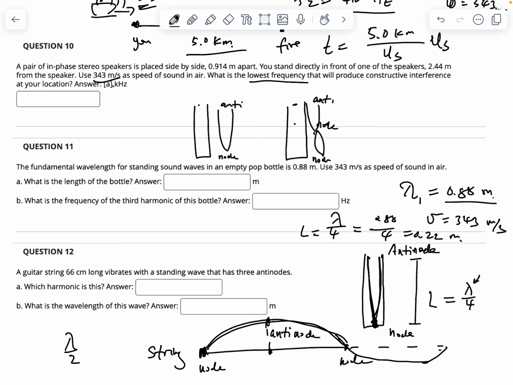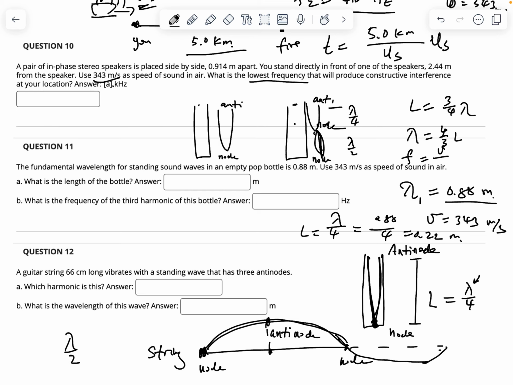Okay, so this is 1/4 of a wavelength. This is half a wavelength, node to node, right? So L equals 3/4 of the wavelength, right? Not a whole wavelength, but 3/4. And then the wavelength equals 4L over 3, right?